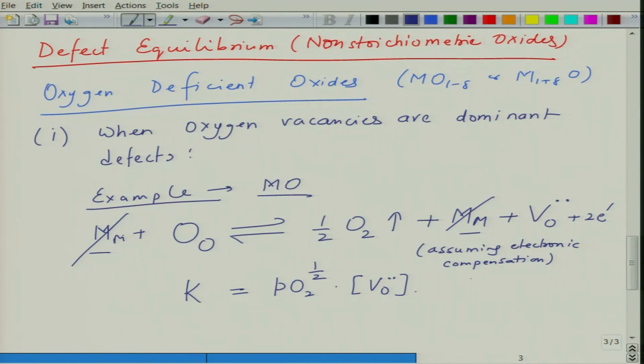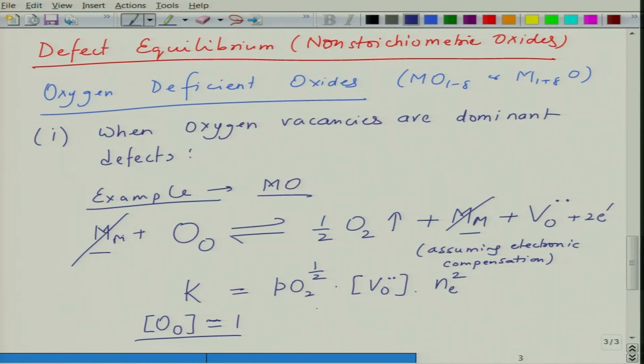Into, if I say the electron concentration is Ne, Ne square. So, it becomes a product of the oxygen vacancy concentration multiplied by the electron concentration squared multiplied by PO to the power half, and here we are assuming that OO is equal to 1, which is basically the case of ideality.